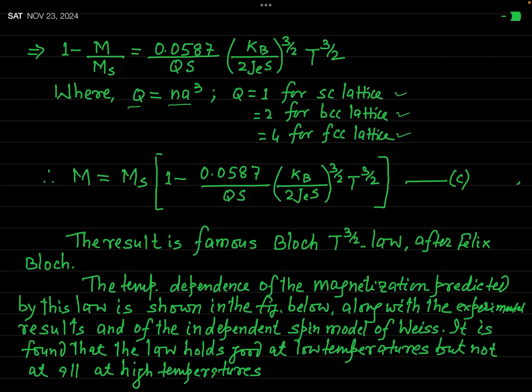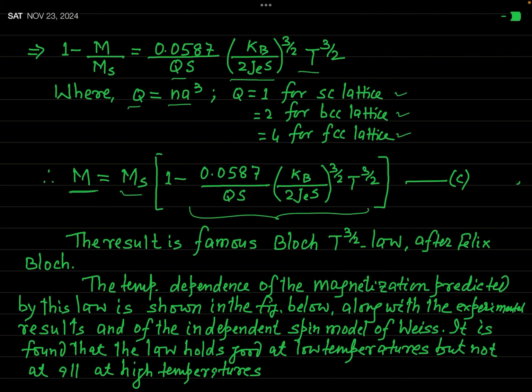So 1 minus M over Ms can be written as 0.0587 times Q times Kb over 2 JS whole to the power 3 by 2 times T to the power 3 by 2. Okay. And therefore, you can find the value of magnetization at temperature T, and this will be equal to Ms times this much.